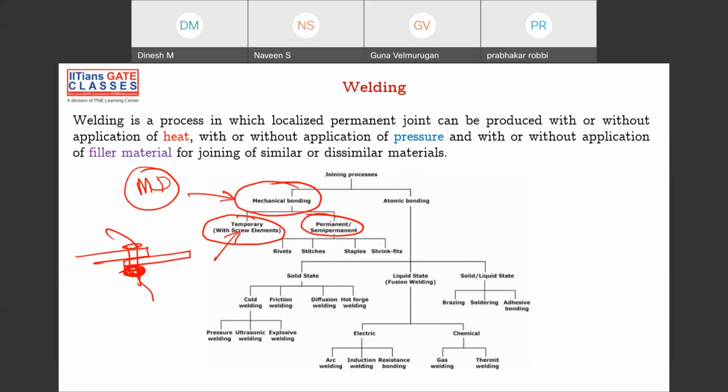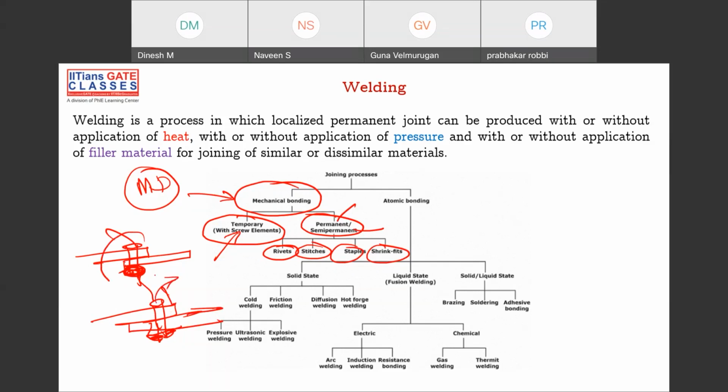But sometimes they are permanent and semi-permanent. So rivets, stitches, staples, all these things come under permanent and semi-permanent. In the sense, riveting is nothing but you put a rivet and then you close it like this. So this is riveting. Stitching, you're stitching it. If you want to remove, discard, or break this bonding, you have to break the joining element.